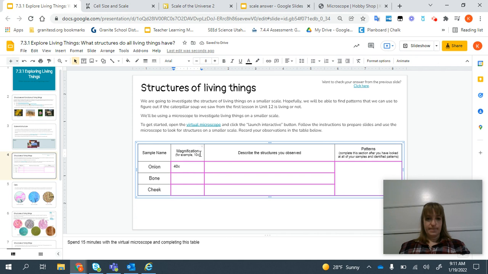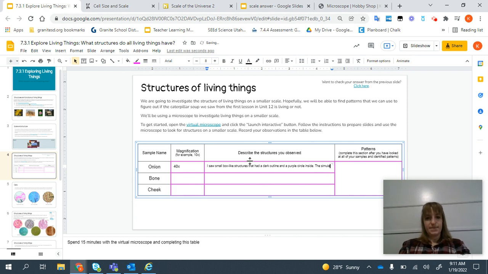And I'm going to describe the structures that I observed. So I saw small box-like structures that had a dark outline and a purple circle inside.